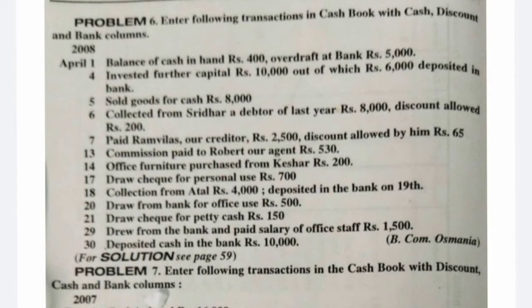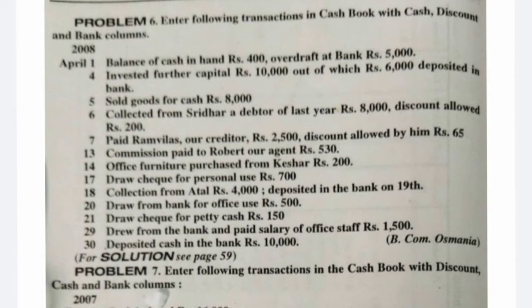Cash account debit 4000 to Atal account 4000. So cash is on the debit side, we will debit the cash book with to Atal account in the cash column 4000 rupees.